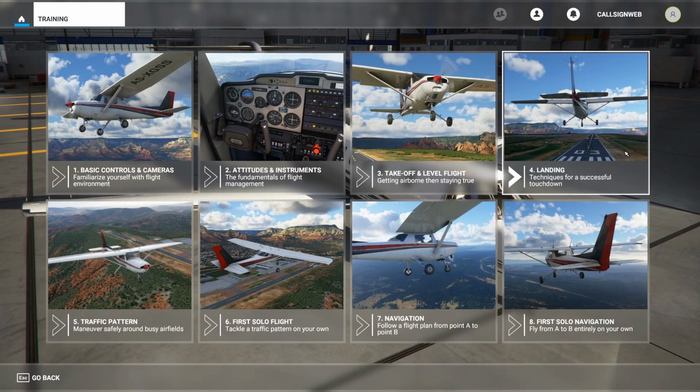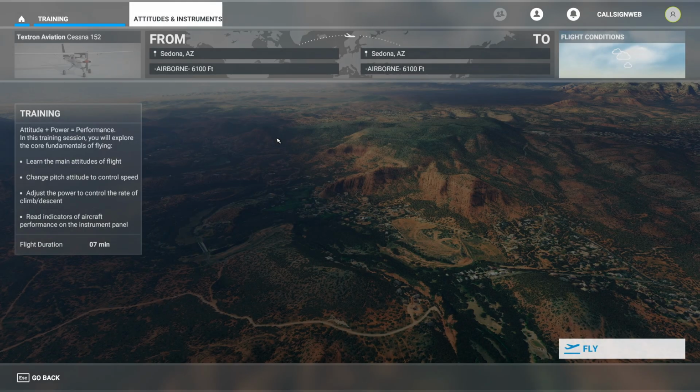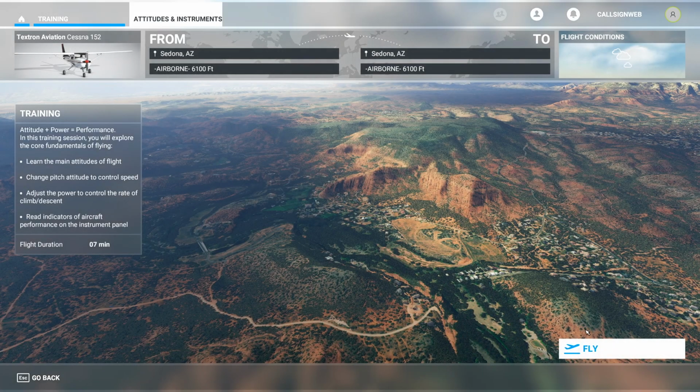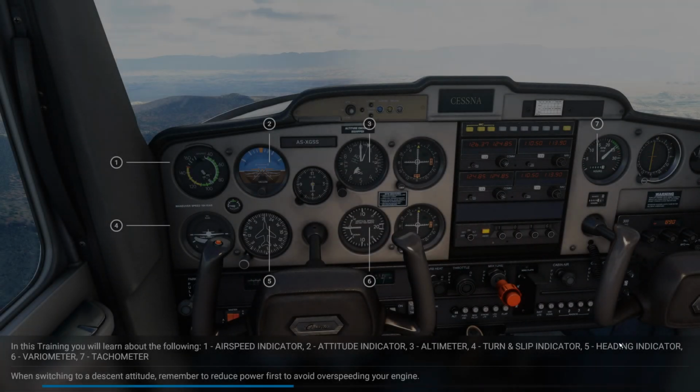So what we're gonna start off today is, I already did the basic controls and cameras. It's not so much flight training, but more of a familiarization with the flight simulator and the control scheme. So let's go ahead with attitudes and instruments and see how that works in the simulator.